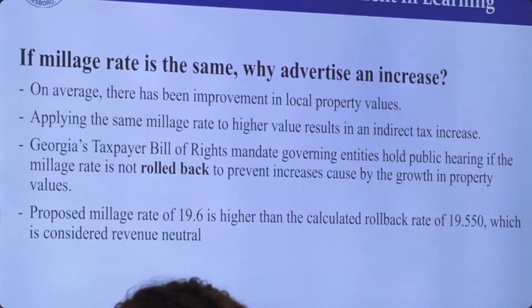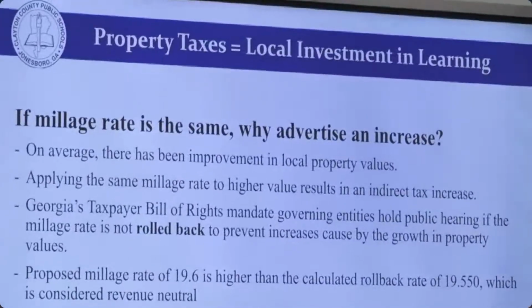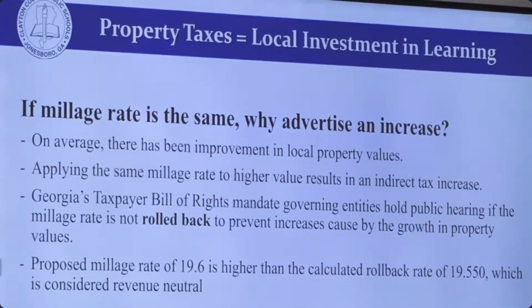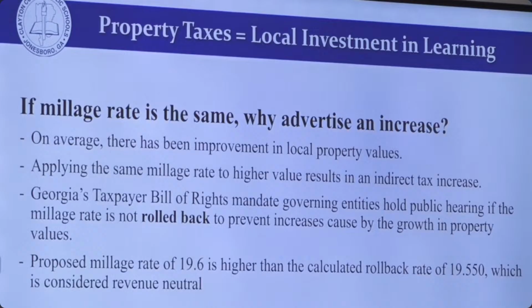So one of the questions is, if the millage rate is remaining the same, why are we advertising an increase? Well, as I stated earlier, if there's an improvement in local property values, even if we leave the millage rate the same, it can result in an indirect tax increase because we're applying that rate to a higher value. And Georgia's Taxpayers Bill of Rights requires us to hold public hearings if we don't go with the rollback rate.